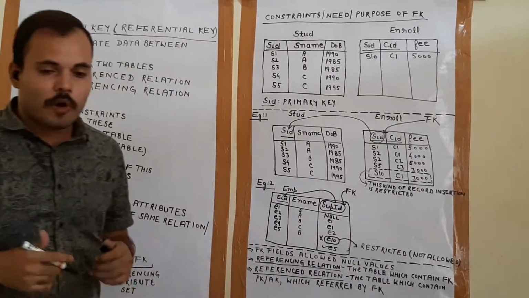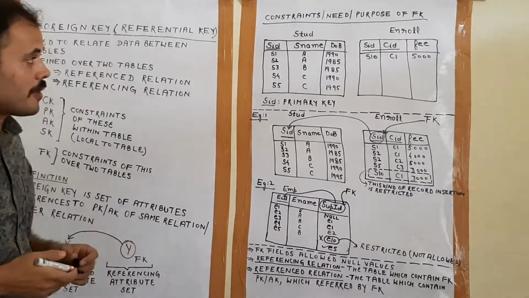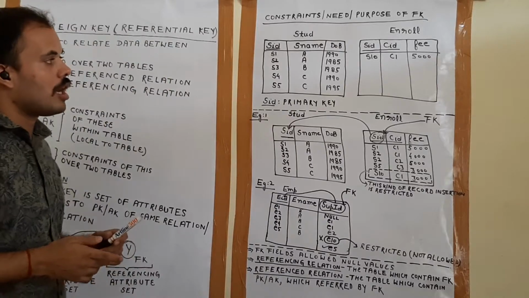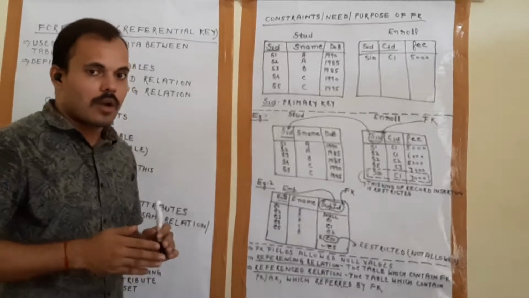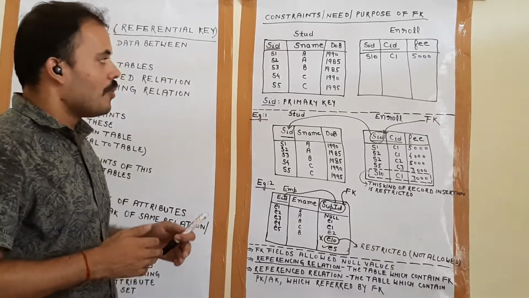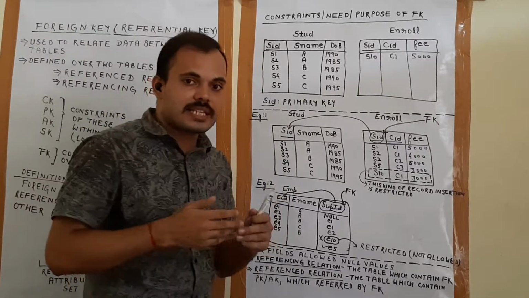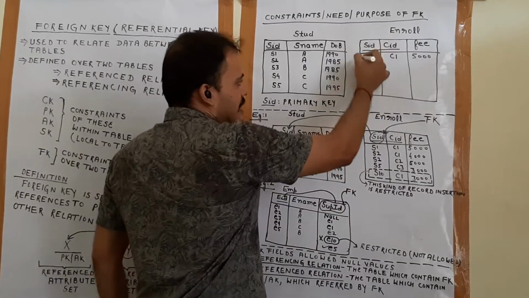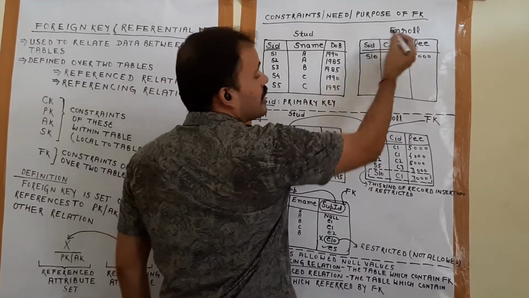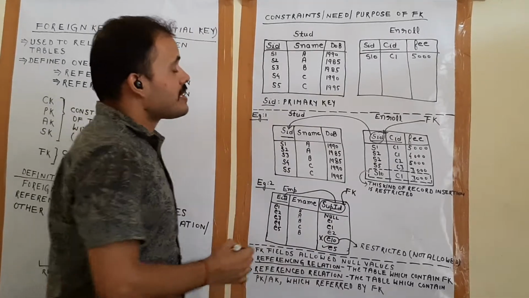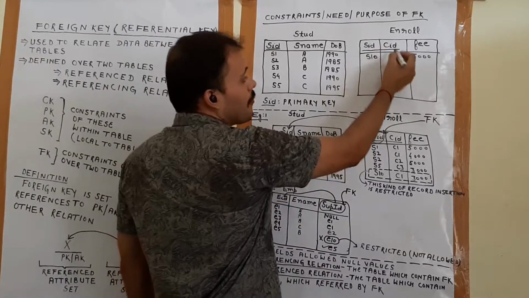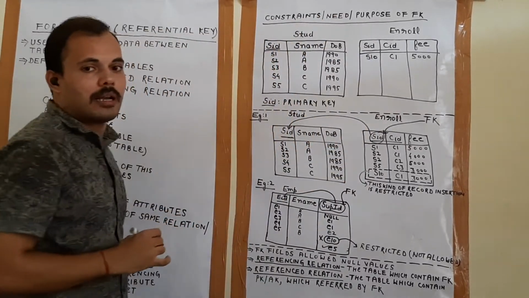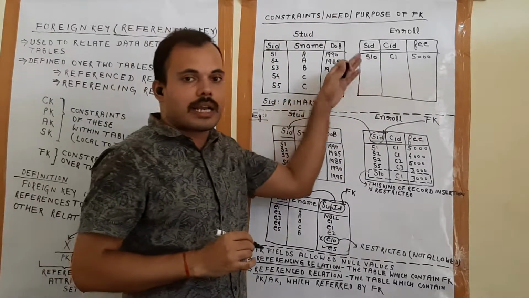So what are the possibilities? What are the solutions? We have to impose some constraints or restrictions so that the SIDs in the enrollment table, meaning the SIDs enrolled for a course, should always belong to the student table, so that this data will be correct.